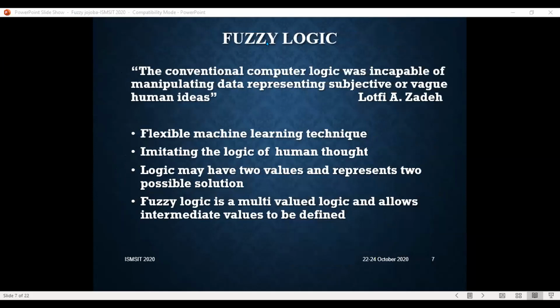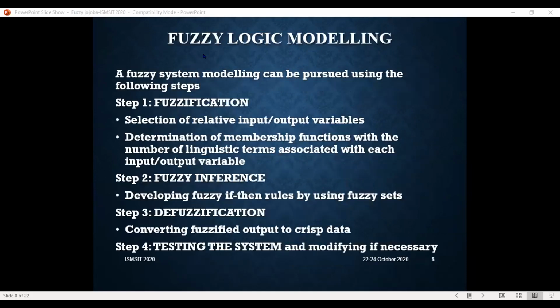For modeling, we are using fuzzy logic. It is a huge development in machine learning technologies. It imitates the logic of human thought and represents the gray part of the thinking system, like how humans think about problems.